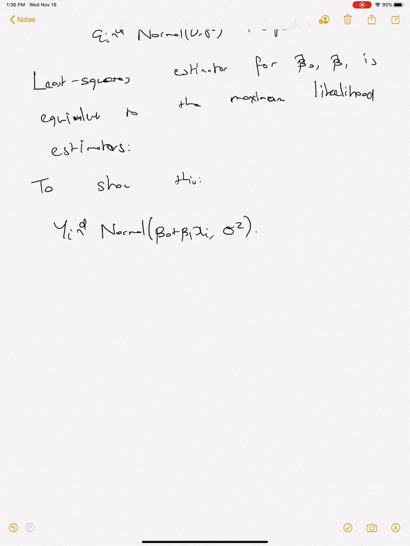So the distribution of yi, given the xi's, because these xi's are given to you, there's these 3 parameters here, and then you take this e to the power of something squared over 2 sigma squared.